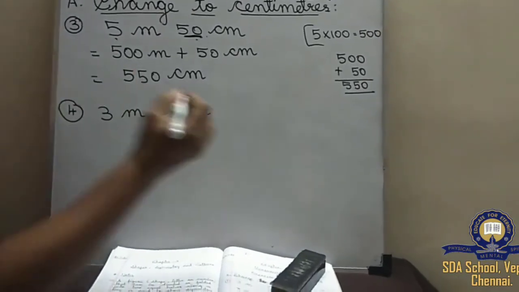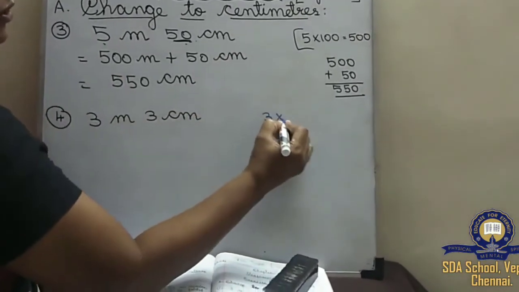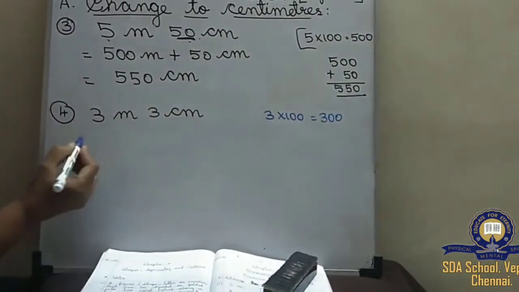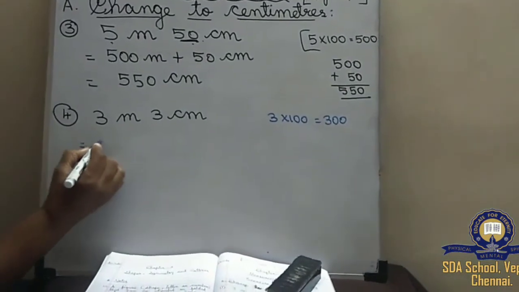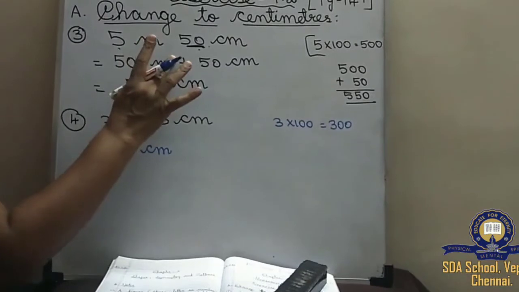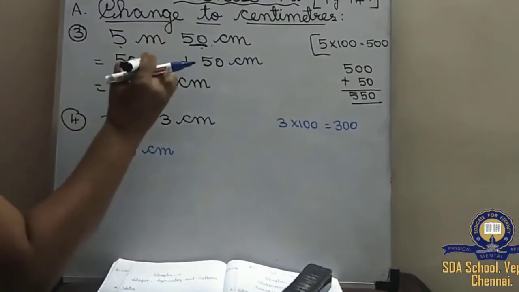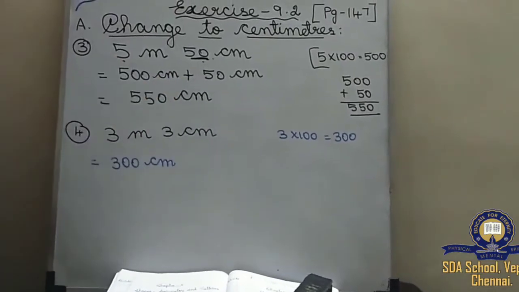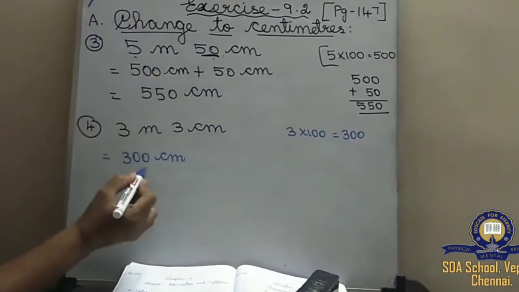So 3 meter means what you have to write, children? 3 into 100. So what's the answer? 300. So you automatically write 300 centimeter. See here, sorry, I have written meter. Like this only a careless mistake we make. Here we have to write centimeter. Don't write meter, children. Mistakenly I have written.